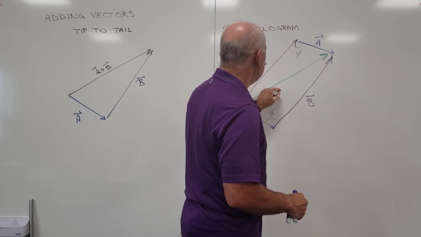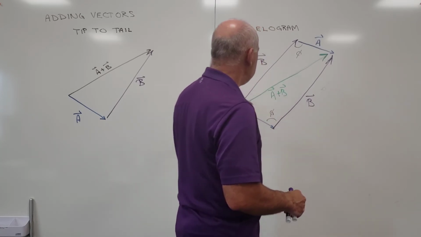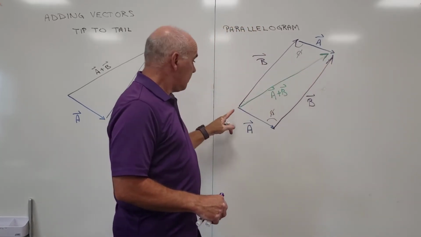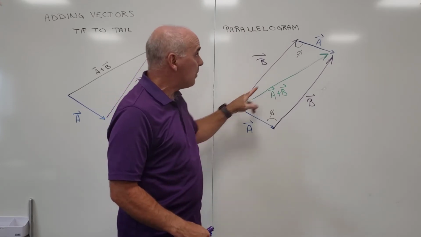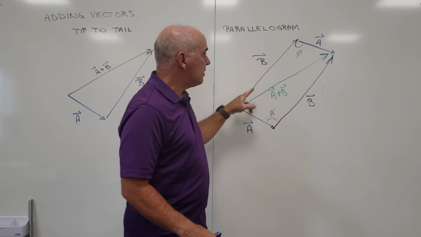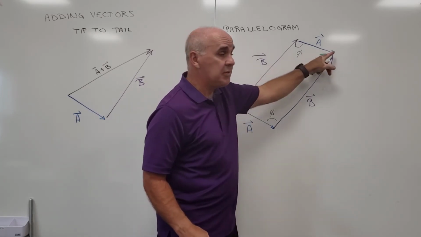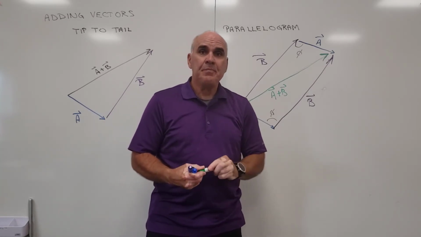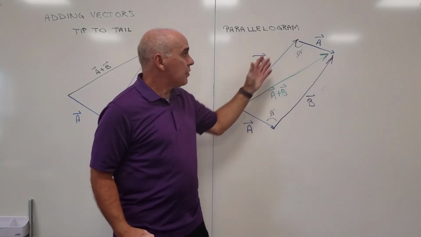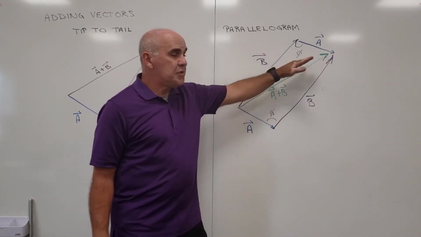This is A plus B. So the diagonal starting at the origin where we started our two vectors, the diagonal goes from one corner to the opposite corner. That's going to be the summation A plus B. All right, so that's another way of drawing the sum of two vectors.